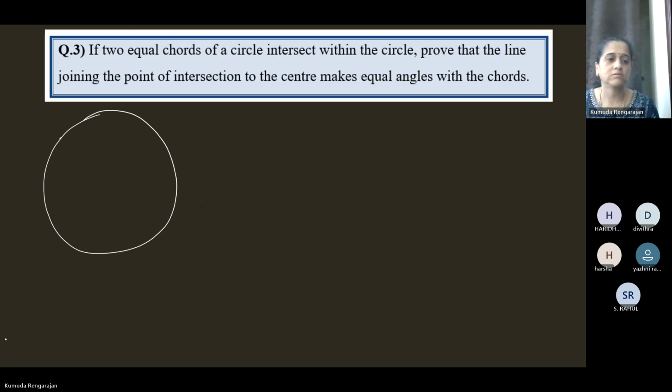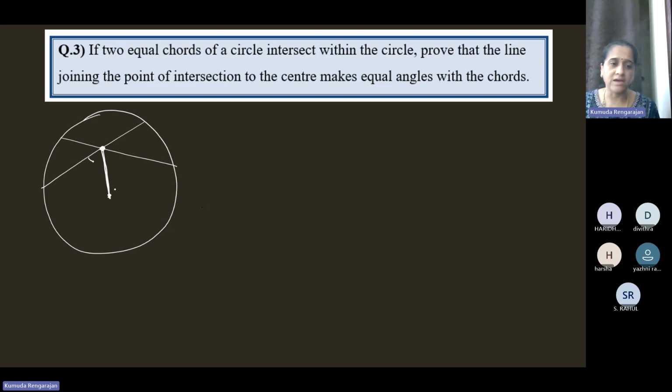Circle, two chords, not equal. Two chords intersect inside the circle. Prove that the line joining the point of intersection to the center makes equal angles with the chords.